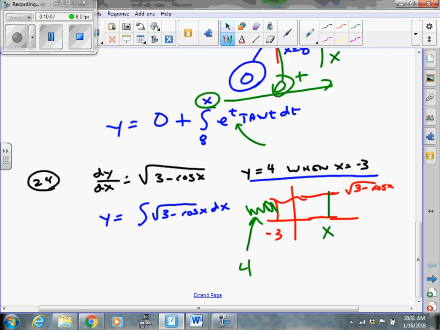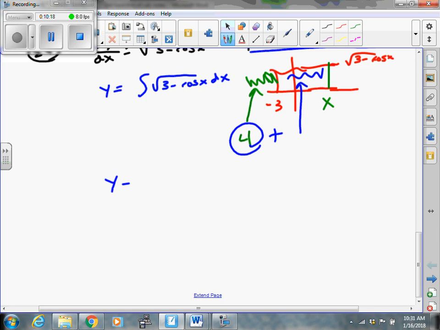So I currently have the area is 4 plus the area under this curve from -3 to some value x. We don't know. So y equals the initial value 4, plus the area under the curve from -3 to x of 3 minus cosine x, but I'm going to use t because I have the x value located right here.